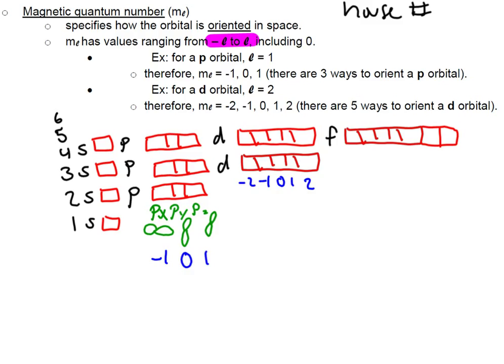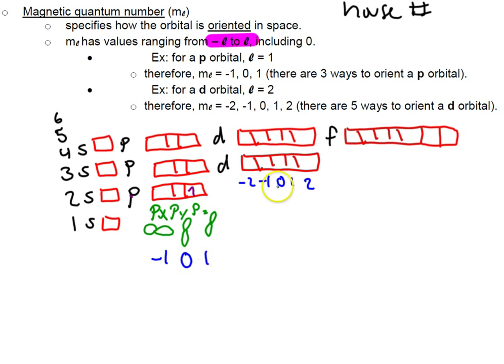What this allows us to do is to locate which box is being used for a certain electron. For example, this electron that I just drew would be in the n value 2, would be in L value 1, and would be in M sub L value of 1. Okay.